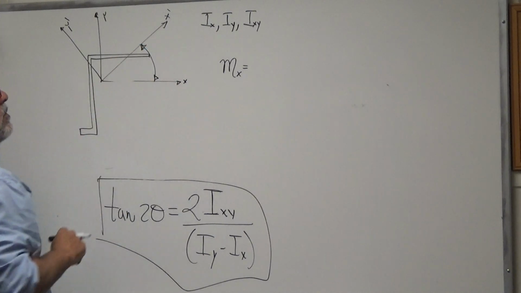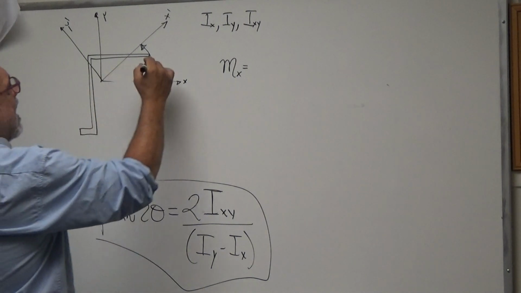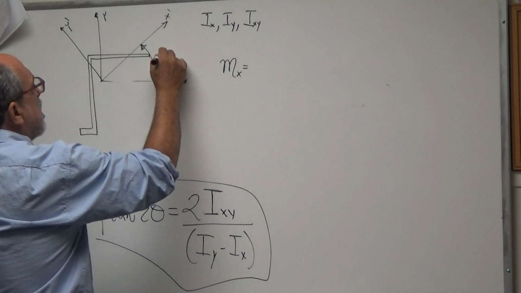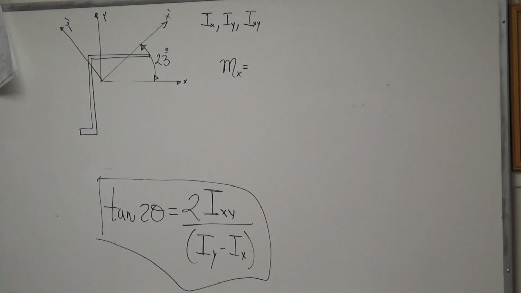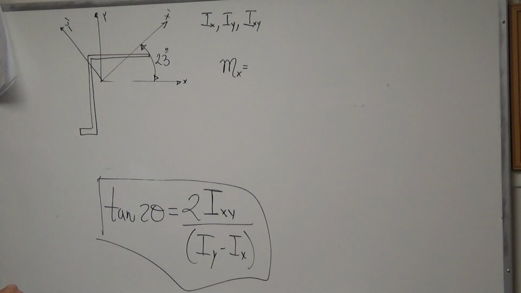I don't know what would be easier for you, if I use a number here or a theta. Let me use a number. Let's say that this angle came out to be 23 degrees, just for the sake of argument. So it turns out that these were the principal axes. I don't really mean that it was 23 in reality, as I'm just doing something generic here. But anyway, let's say that's what you got.